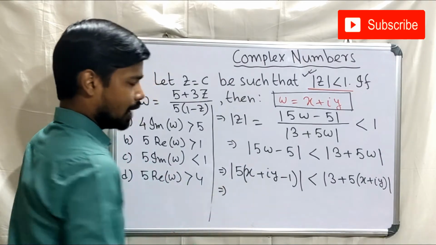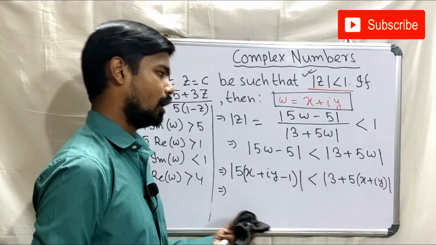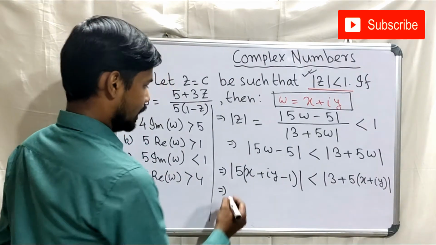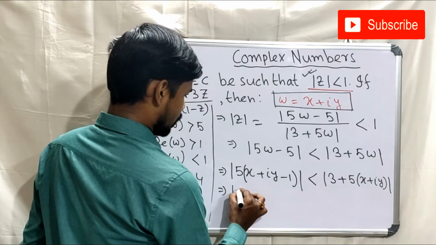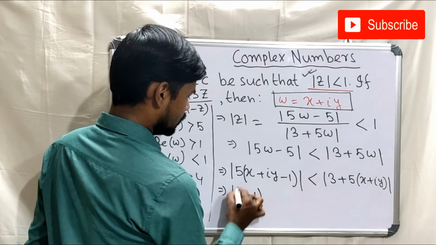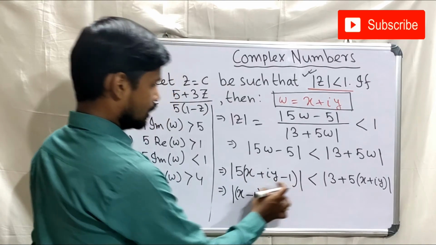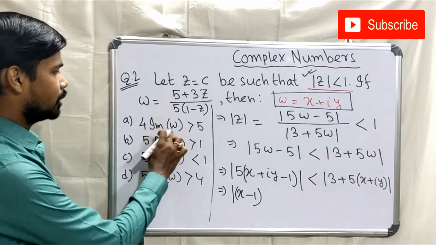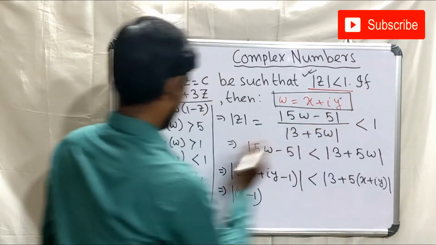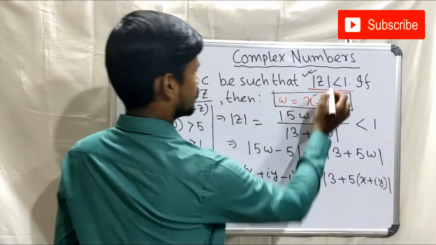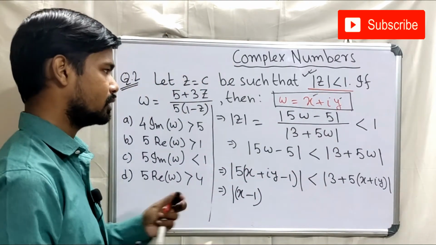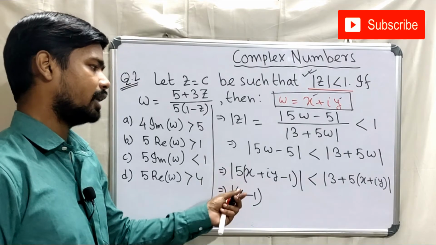Now dividing by 5 on both sides, we have |x - 1|. These two are real parts. Now remember, the imaginary part of omega is y, the real part of omega is x, so we have to find out the conditions related to either x or y.